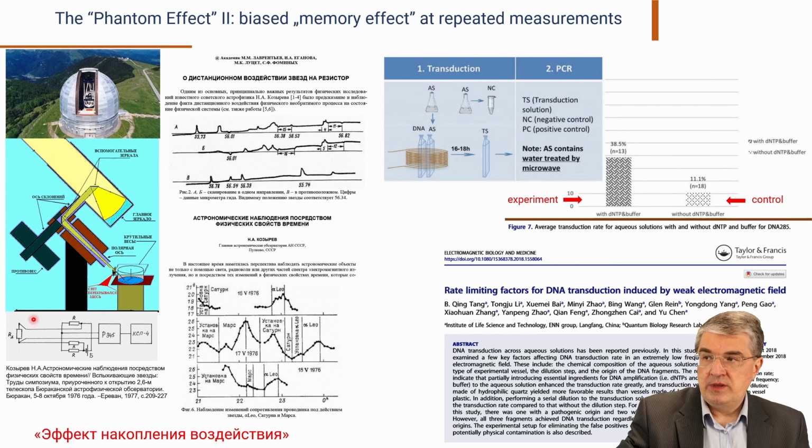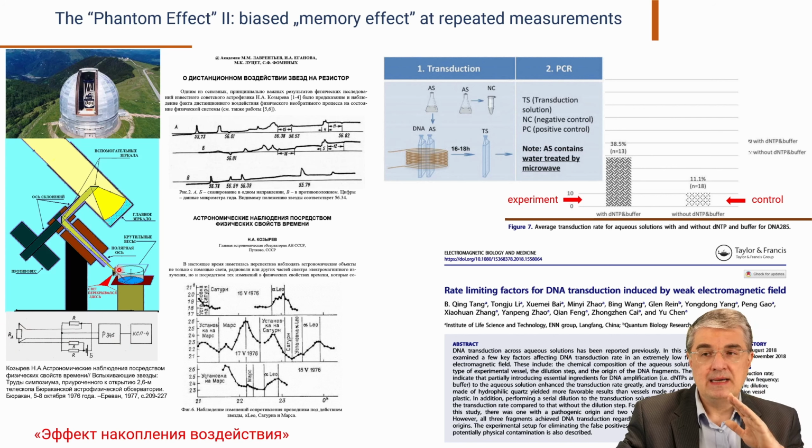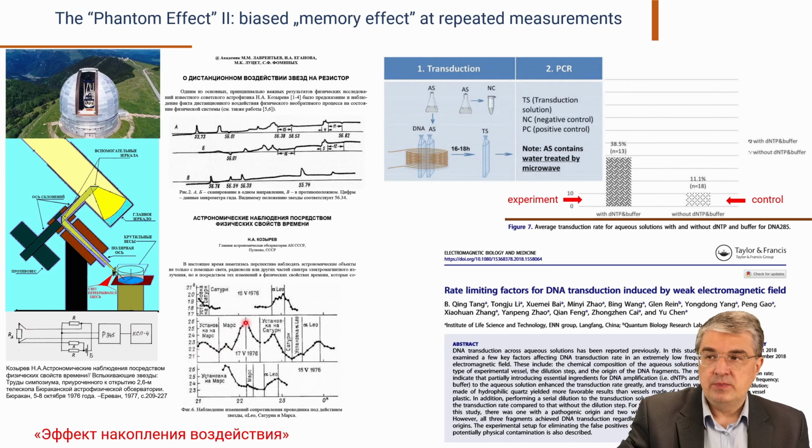His measurement device used resistive elements, a kind of resistive bridge. And if this telescope was scanning the sky for the true position of stars, exactly in this position Kozyrev observed a strong variation of resistivity of this element. I should say this experiment was replicated multiple times.